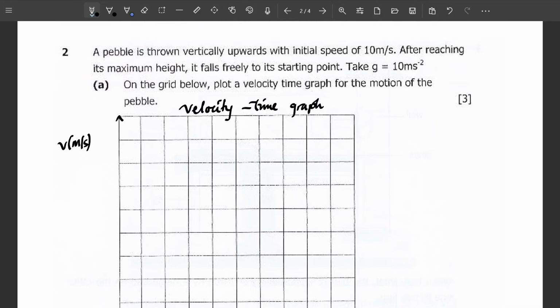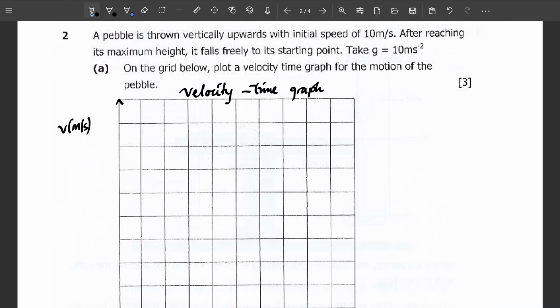You see, we were just given initial velocity. So a pebble is thrown vertically upwards with initial speed of 10. So we will use this equation here, v is equal to u plus at.